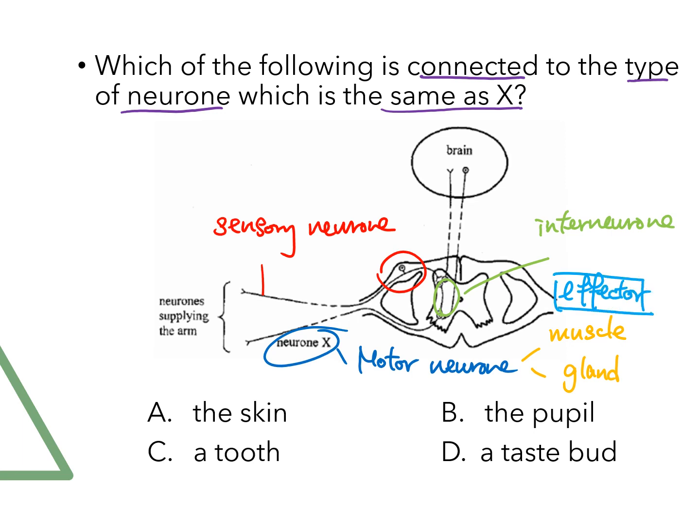Now the question is, which of the following options, A, B, C, D, is an effector? It has the muscles or it has the glands? The correct answer should be A, because in your skin, you have the sweat glands, 汗腺.